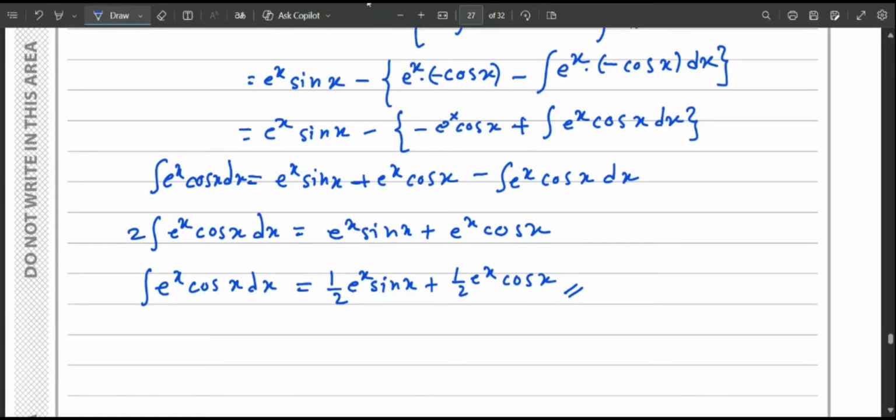And as we are integrating this function, we need to add a constant of integration. So this is our expression for the integration of e to the power of x cos x.